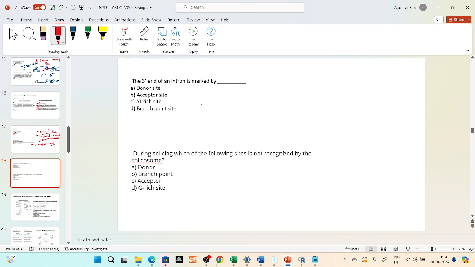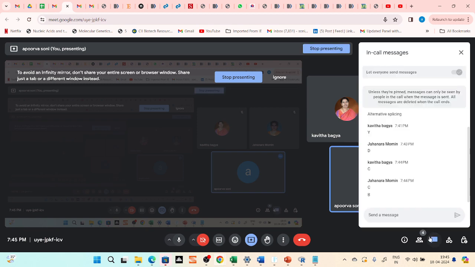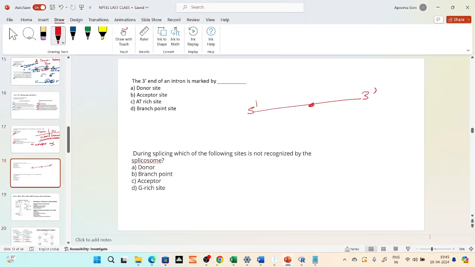Fine. Okay. Next question is, the 3' end of an intron is marked by donor site, acceptor site, AT rich site, or branch site. So 5' end, 3' end, branch point. So 3' end would be, what should be the answer of this question, you tell me? Anybody who wants to try? 3' end, what is the middle point? Can you tell me what the middle point is known as?